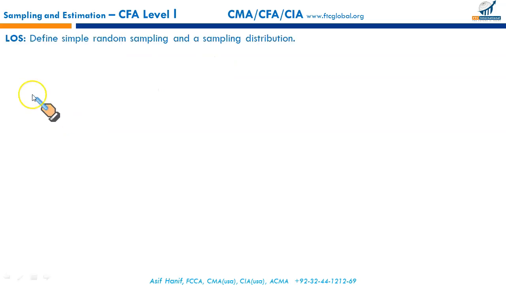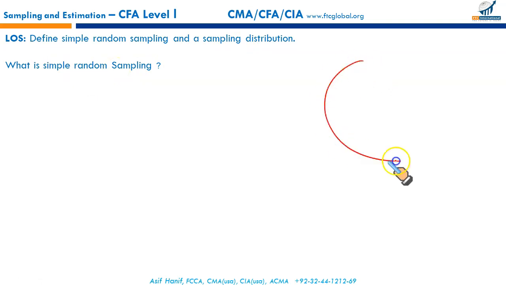Okay, first learning outcome statement: define simple random sampling and a sampling distribution. First of all, what is simple random sampling, or basically what is a sample? Let's say we have a population, S&P 500 for example.